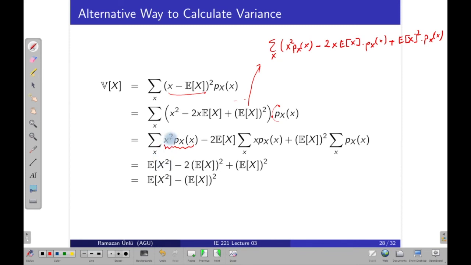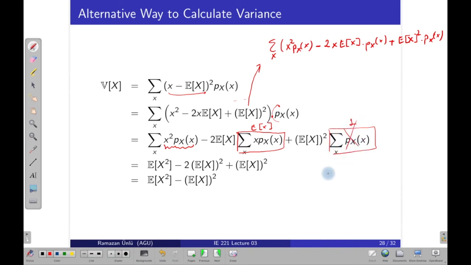And you can think of this x squared as the g of x. And what is this part? This is the expected value of x. Look at the definition, okay? So 2 times expected value of x times expected value of x, so it will be equal to 2 times expected value of x squared. And what is this point? This is a total probability, the probability of omega actually, and this is equal to 1.